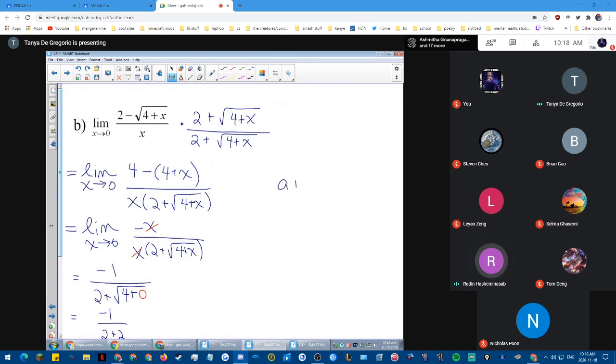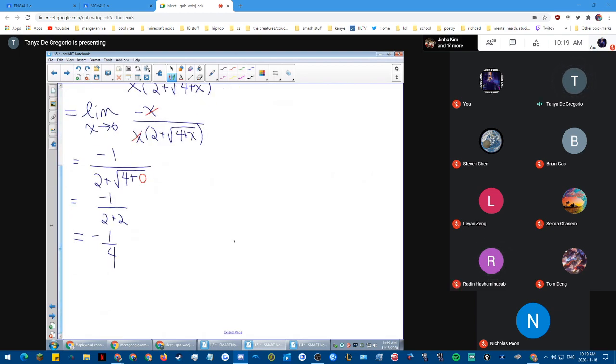What's a reciprocal? If I have 2 over 3, the reciprocal of 2 over 3. I get it.